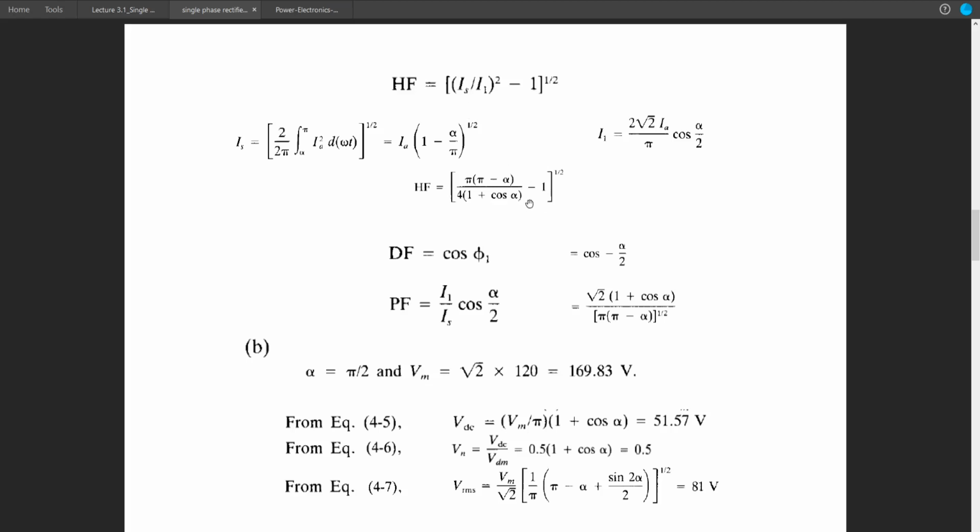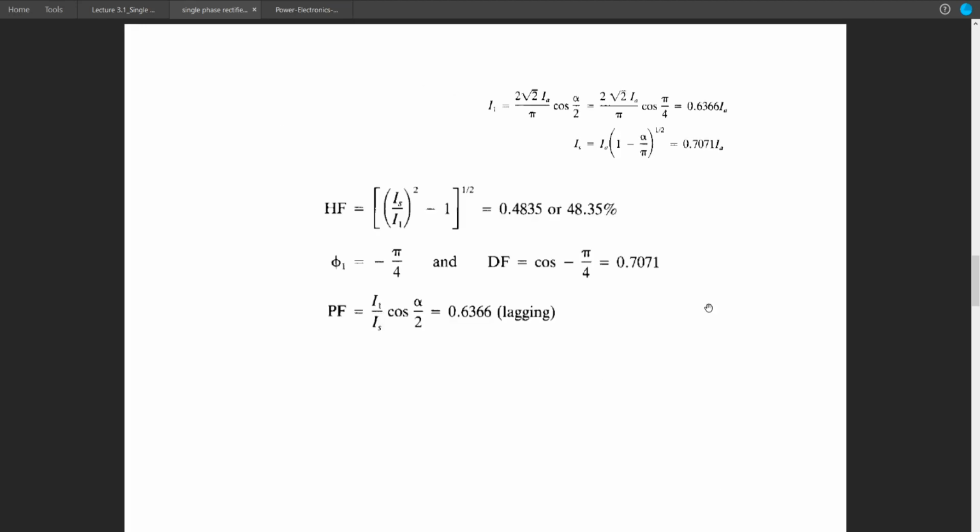So in these equations, the only unknown variable is alpha. So if we put the value of alpha in these three equations, we will get the values of the harmonic factor, displacement factor and power factor for alpha equal pi by 2.